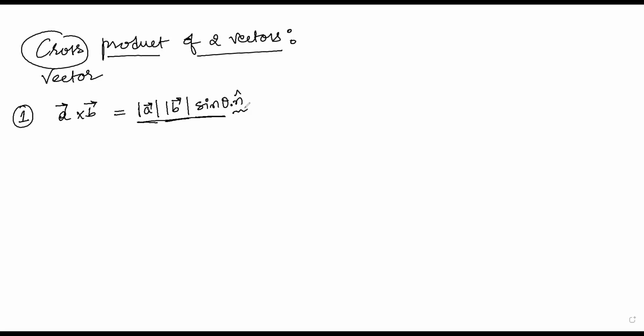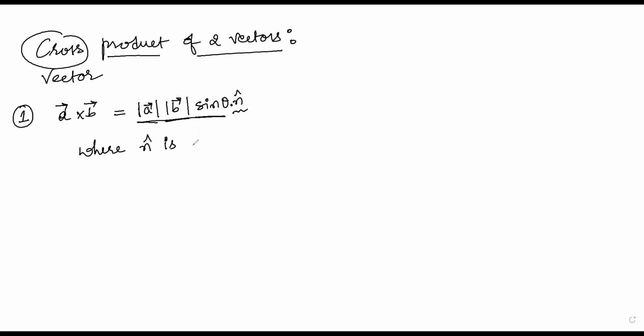What is this n cap? You need to understand about this n cap. Where n cap is what? Tell me if you have any idea. It provides direction. Okay, direction, but which direction do you know?